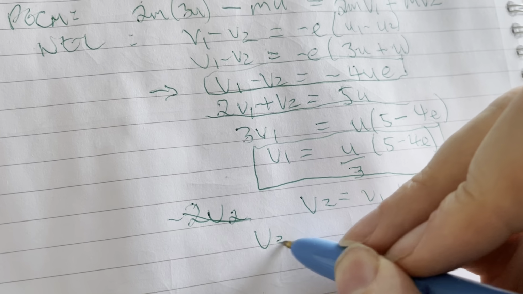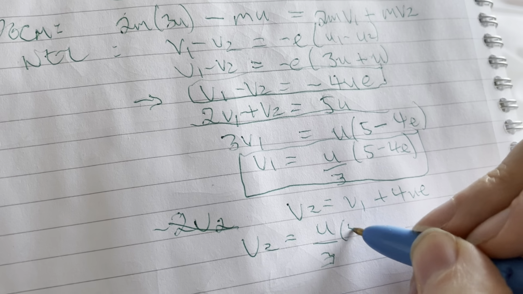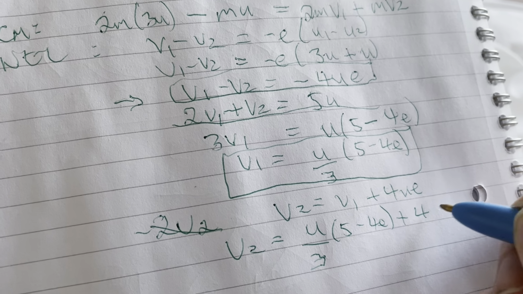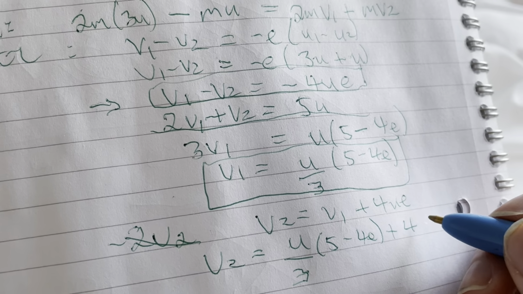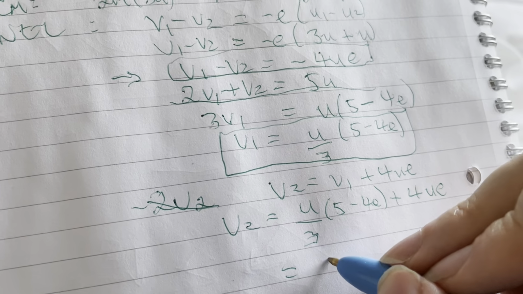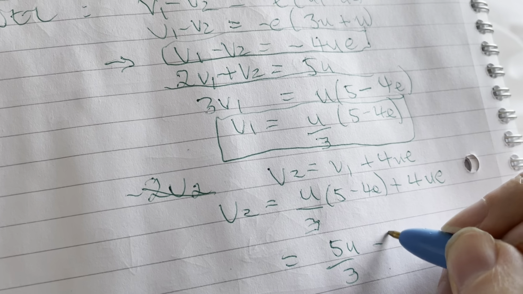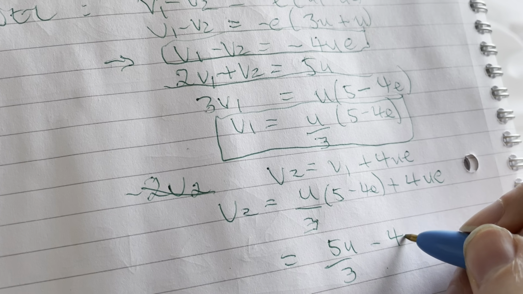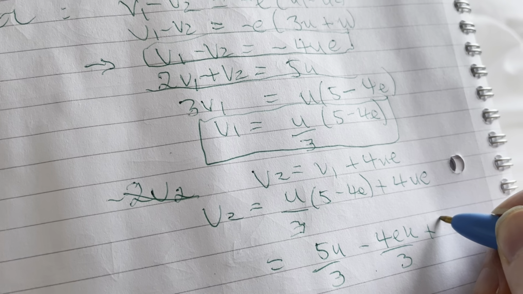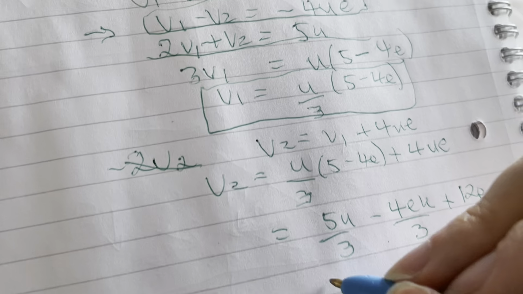So v2 is equal to 5u over 3 minus 4eu over 3 plus 12eu over 3.